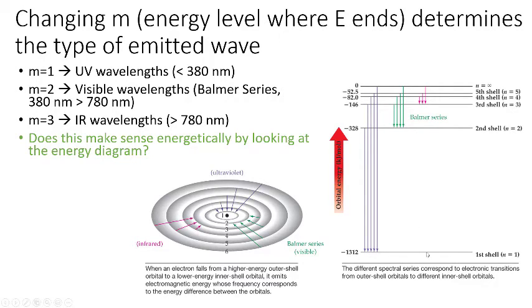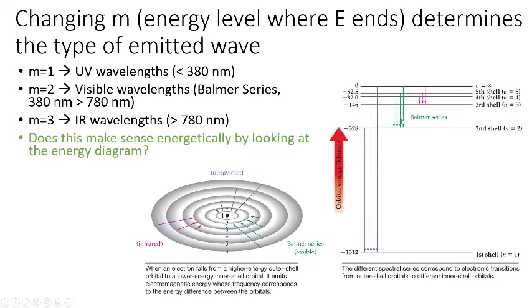So if we think about our energy levels here, first shell, second shell, third shell, any transition where our m term, so where the electron is going to end at the end of the transition, drops down to that first energy level is going to be in the UV range. Whereas anything that's going to come back down to energy level 2 is going to be in the visible wavelengths of light, so a smaller energy than these UV lights.